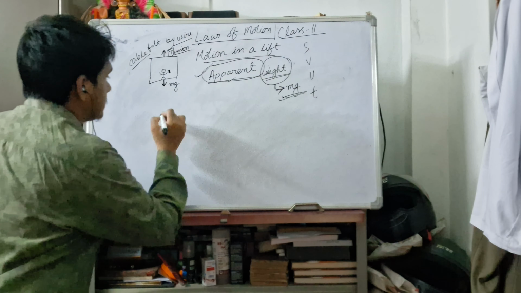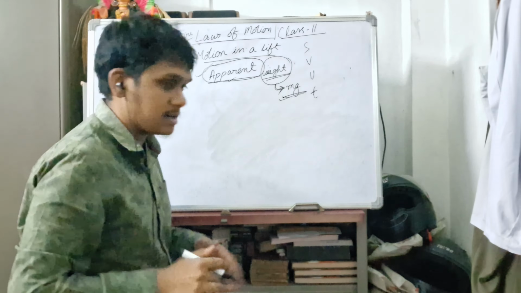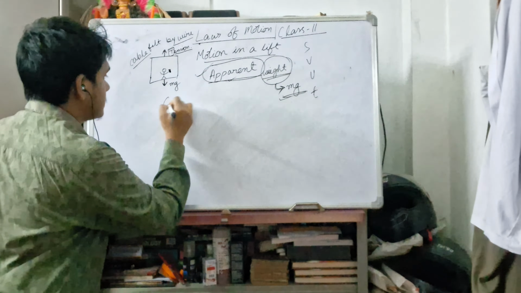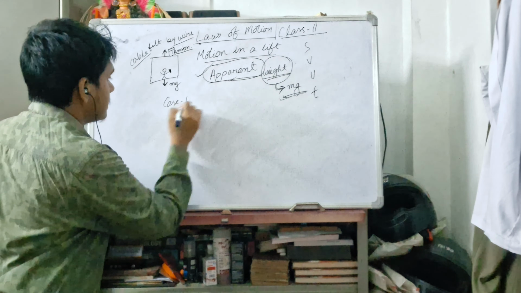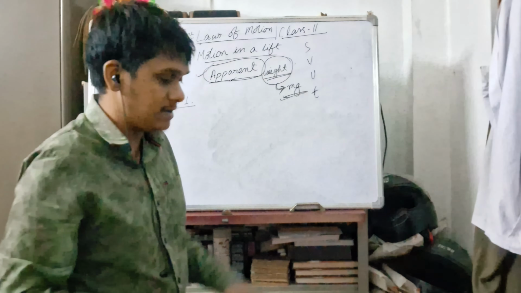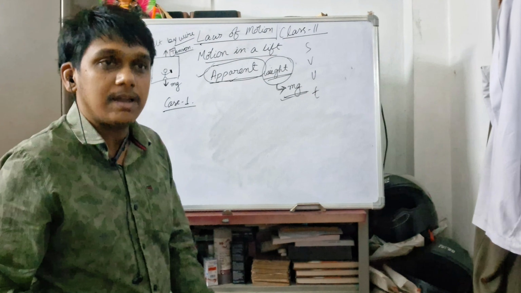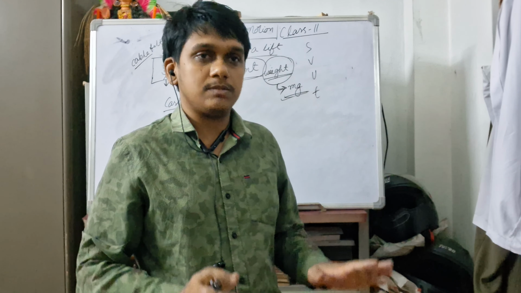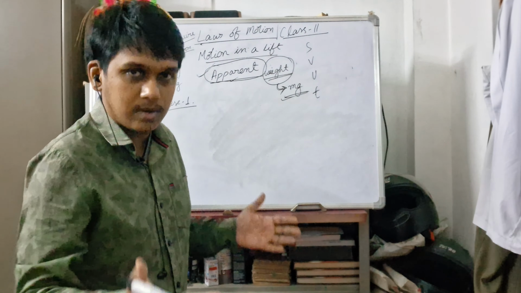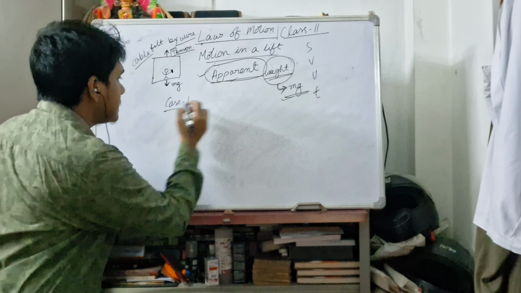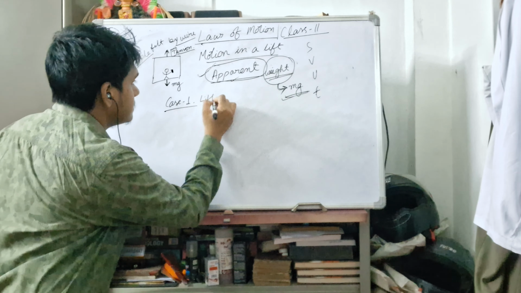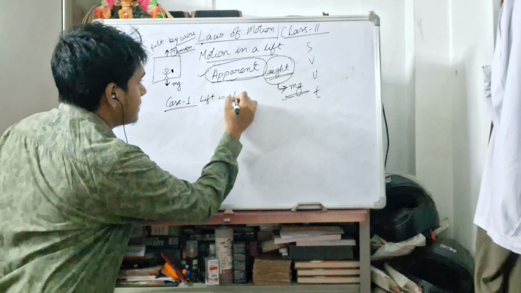Let's see. In the first case, case 1, you have just entered the lift. The lift is not moving upwards, neither downwards. You have just entered and are waiting for a few more people to enter. That is, the lift is at rest.